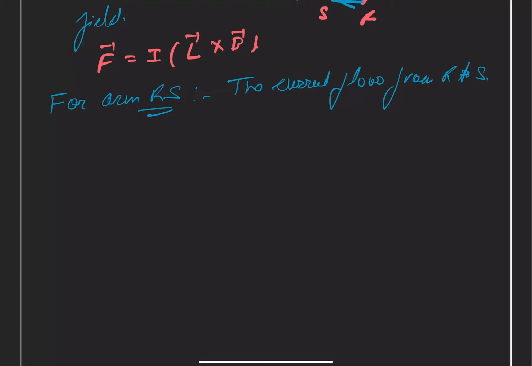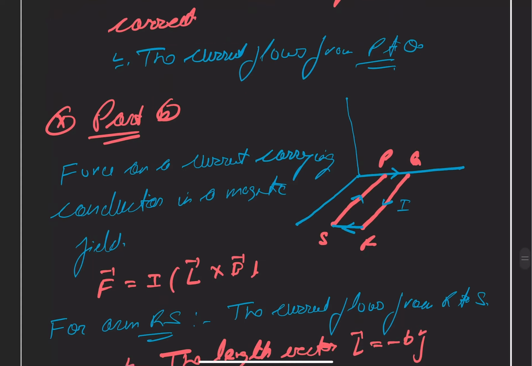Therefore, the length vector L will be equal to minus b j unit vector, because RS is parallel to the y-axis. Okay. So this is our y-axis, this is our x-axis, and here we have our z-axis.